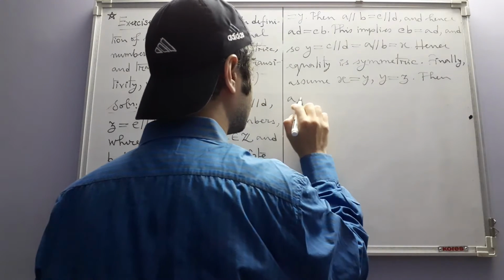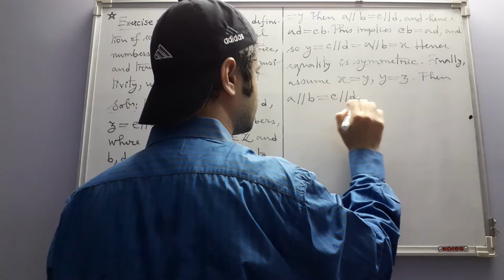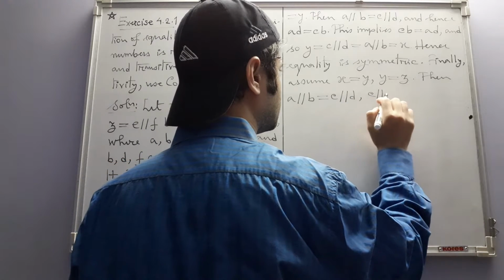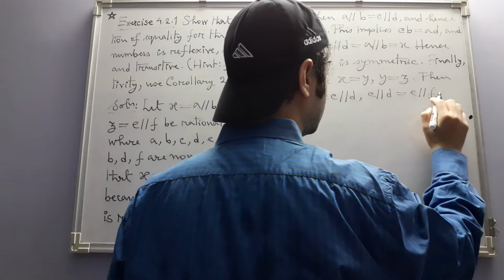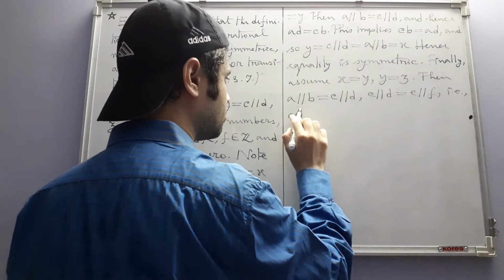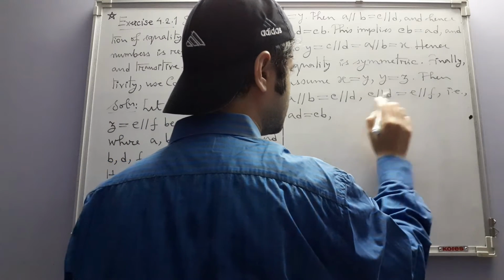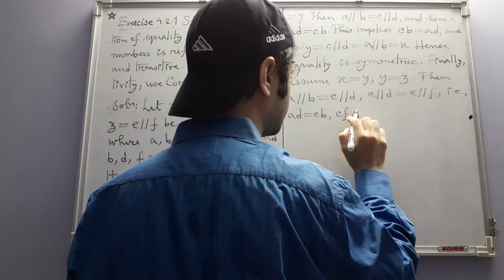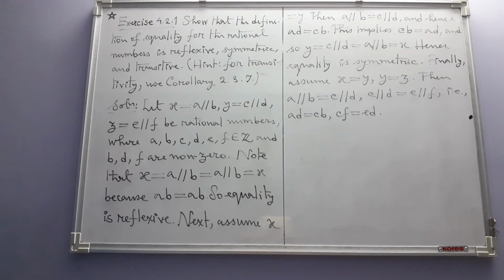Then a by b should be equal to c by d, and c by d should be equal to e by f. That is, ad should be equal to cb and cf should be equal to ed. Now from this we have to somehow conclude that x is equal to z.